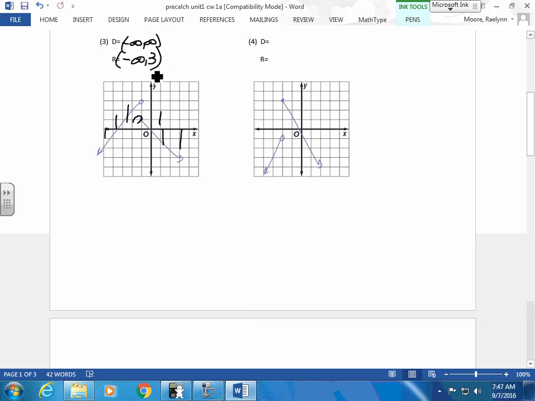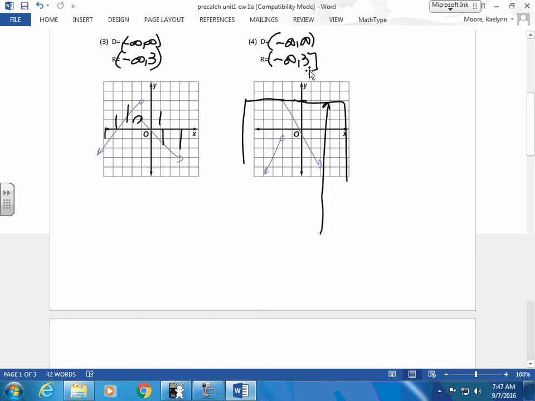How about 4? What's the domain for 4? And your range? Again, negative infinity, because this is where you're going to stop. Sometimes it's easy if you box it in and say that's as high as I'm going to go. I'm coming from negative infinity and I'm going to stop at 3. And this time, I can use 3. Okay, try the next bit.